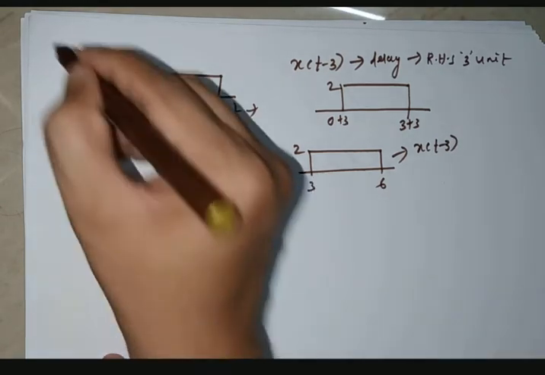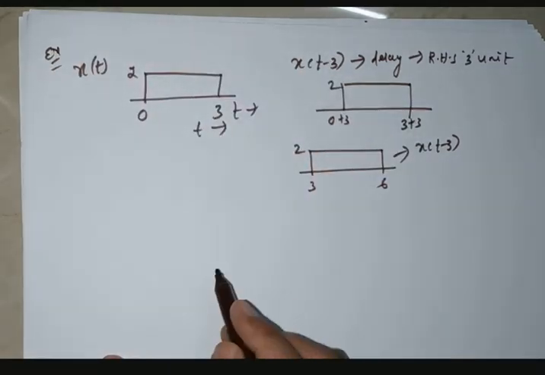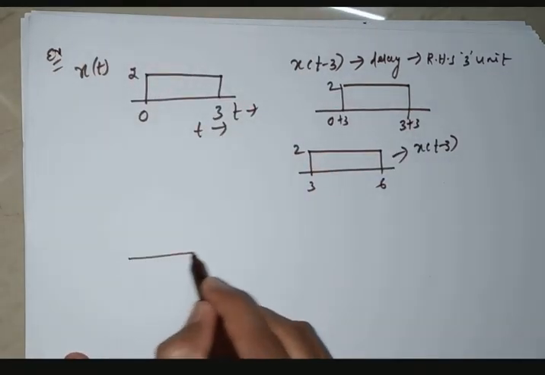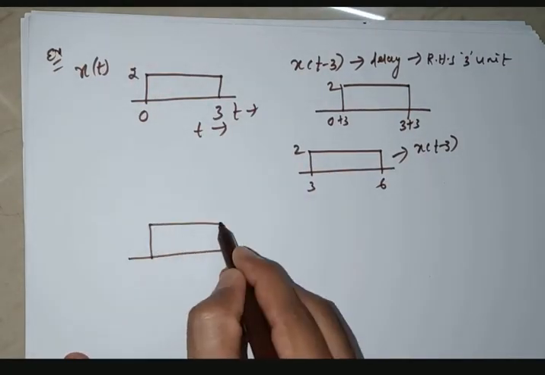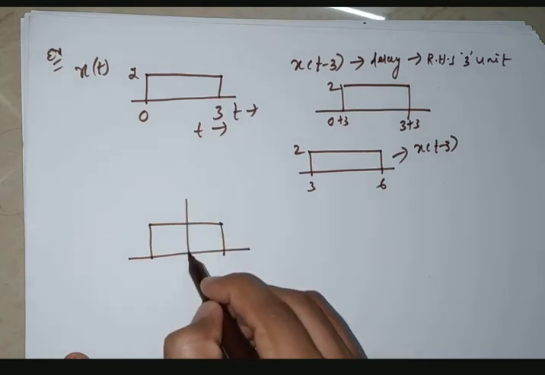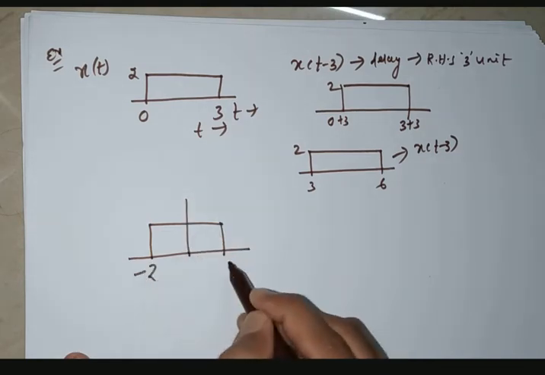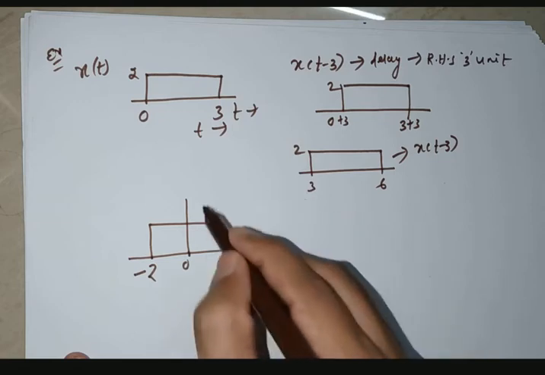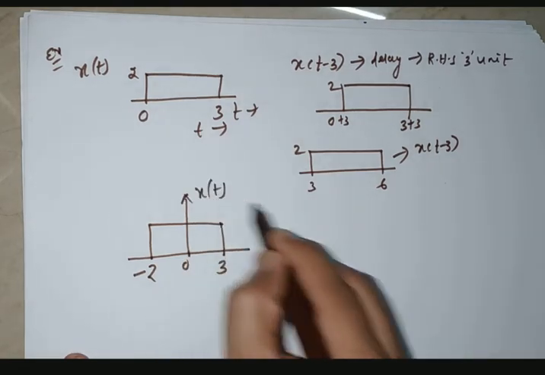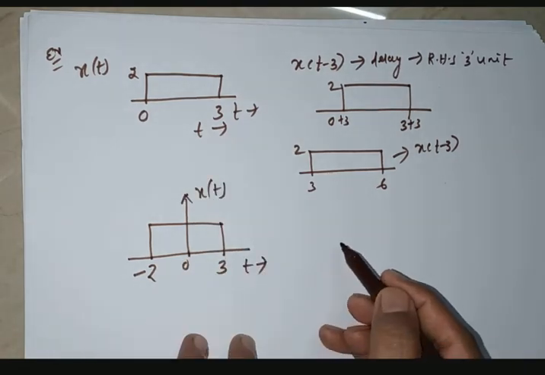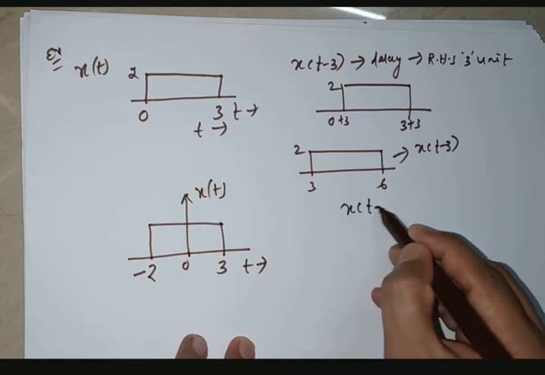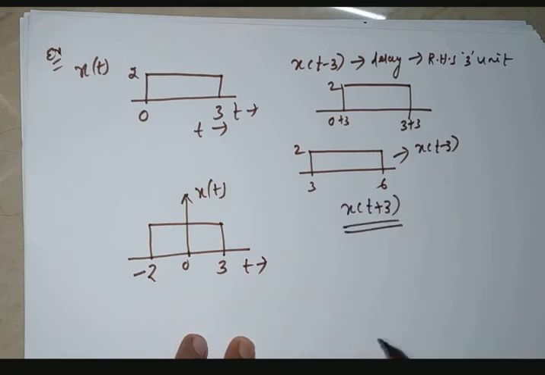Okay. If you take some more examples, I am taking randomly. You can take anything. Let this be minus 2 to 3, x of t. Let's say I want to find x of t plus 3. Okay, another problem.